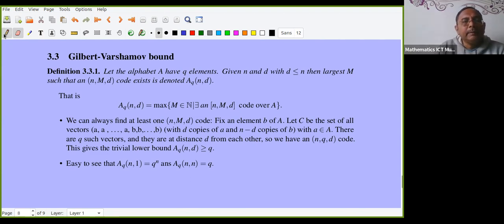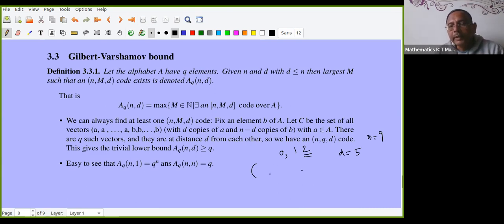Is it not clear? So let us take an example with the ternary code. What are the symbols? 0, 1, 2, right? I'm fixing one of the symbols, let us say 2. Then d copies of a and n minus d copies of b. My d is equal to, let us say, 5, and my n is equal to, say, 9.